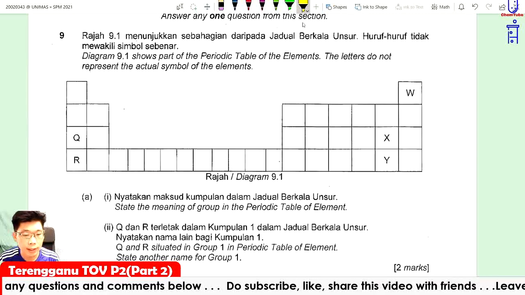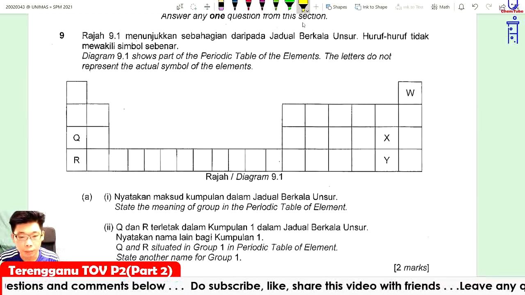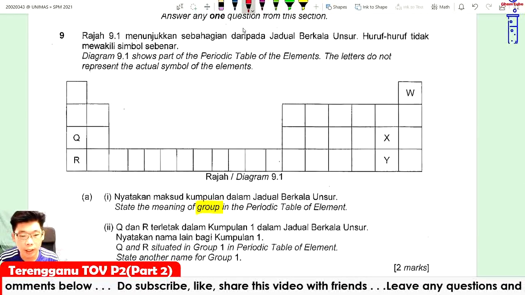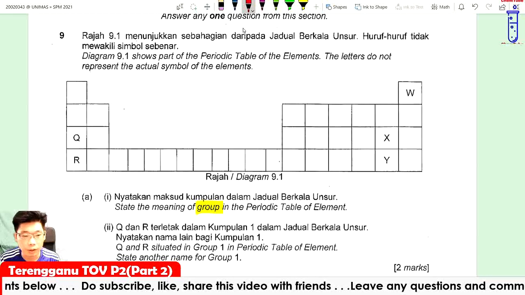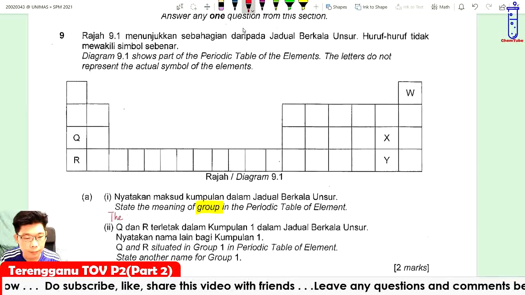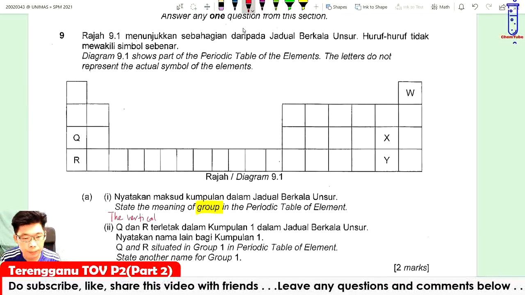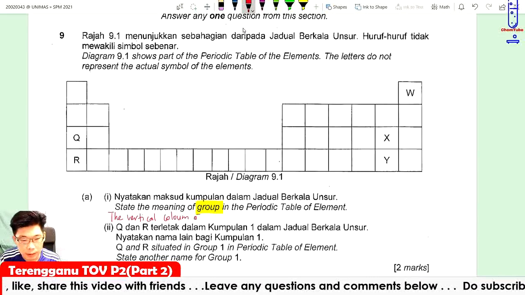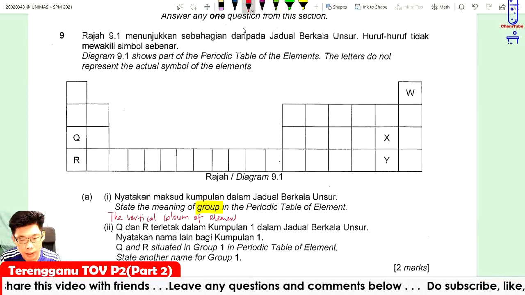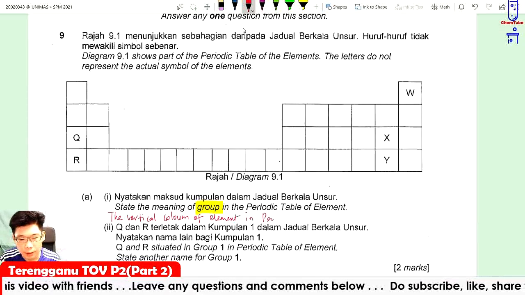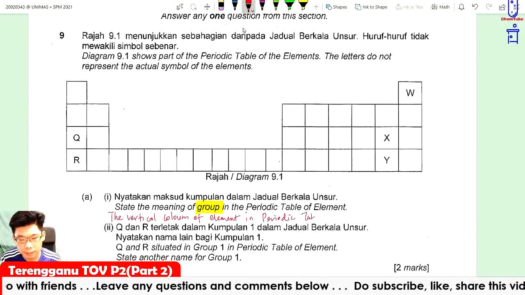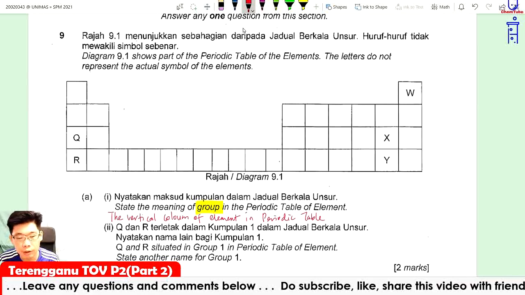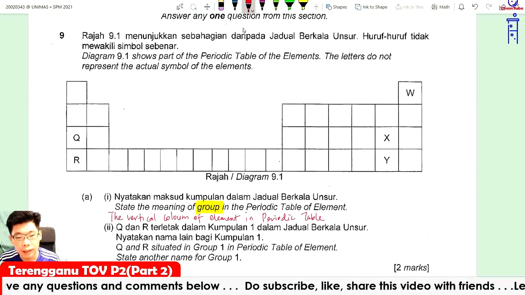First question. State the meaning of the group in the periodic table. So you have to define the meaning of the group correctly. What is a group? It is the vertical column of elements in the periodic table. Then how are we going to arrange them in the group?